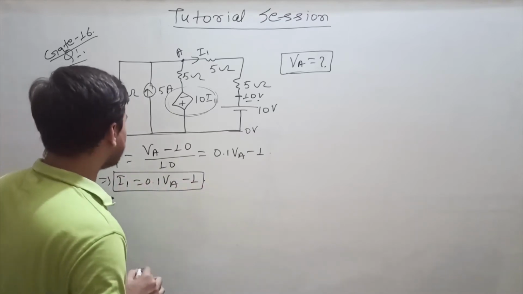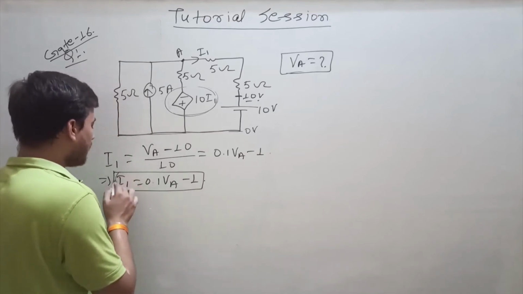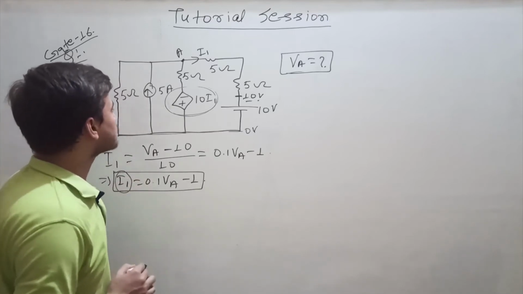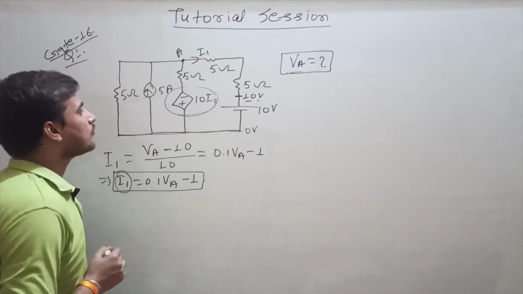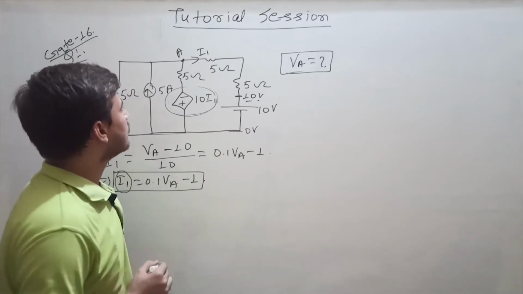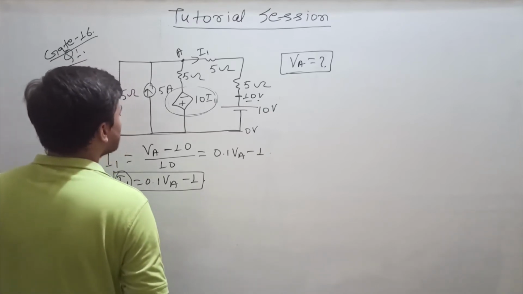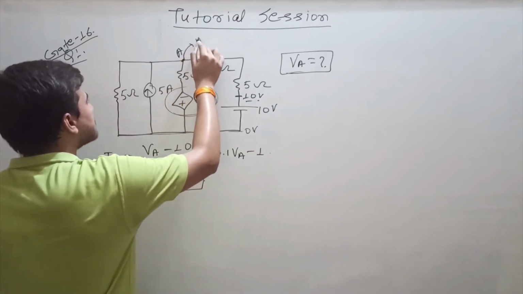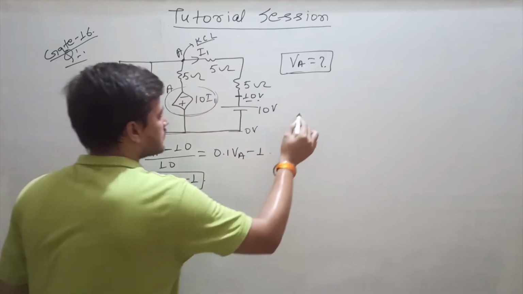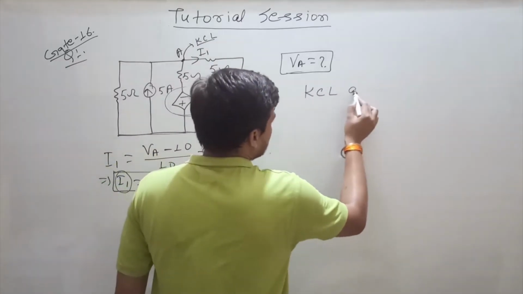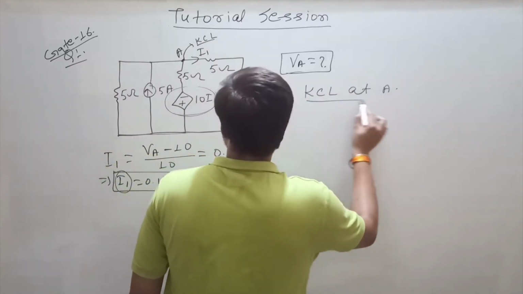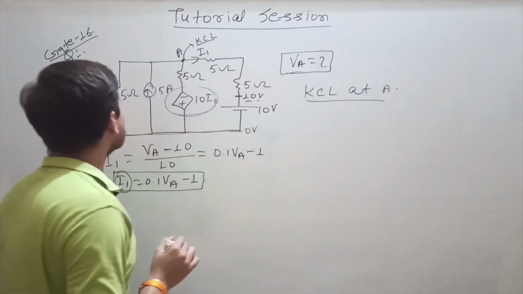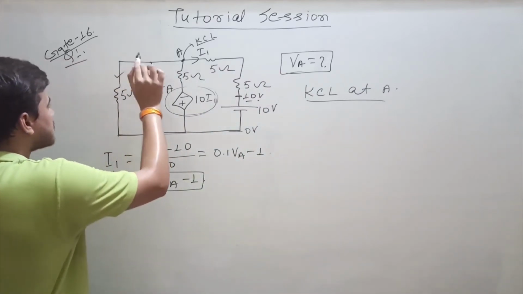Now we have to find the value of VA. That means we will have to convert I1 in terms of VA. Here you see this potential is VA. So apply KCL at node A. There are a total of 4 branches. Come to the first branch.